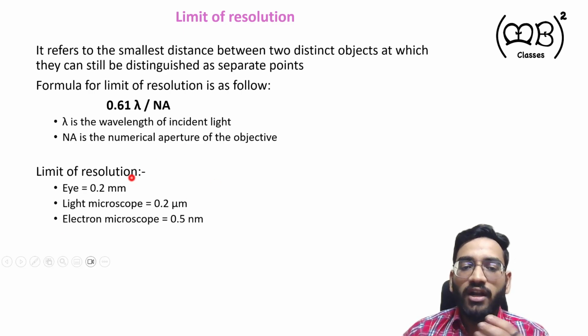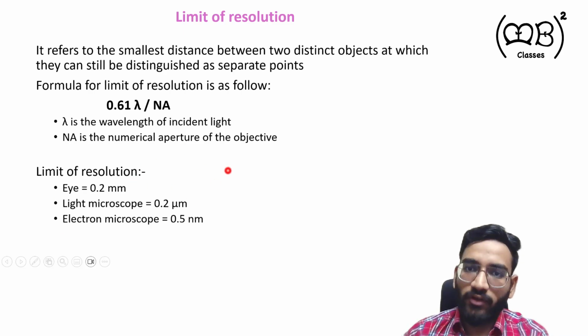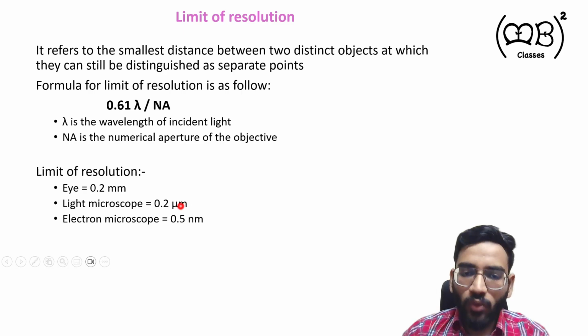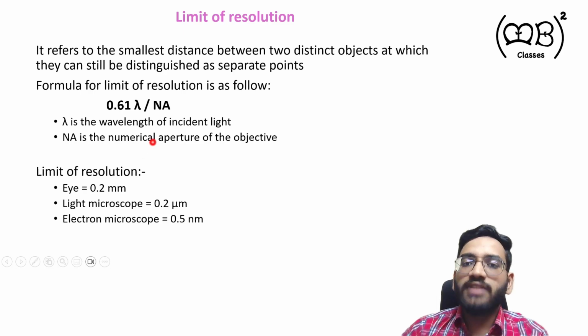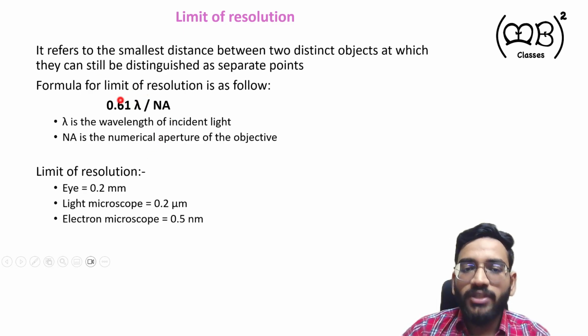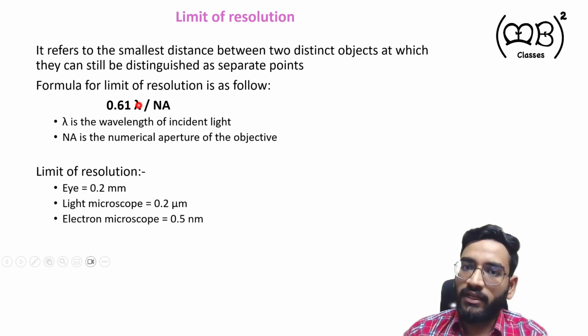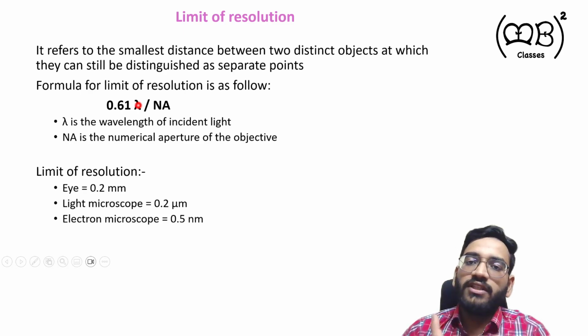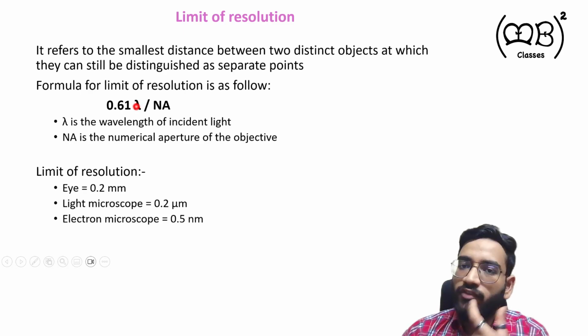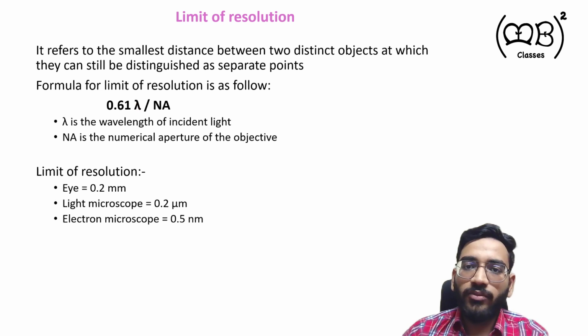But I cannot improve it much more even with higher power magnification. Even if I take 150 or 200 power magnification, 0.2 micrometer would only go down to 0.15 or 0.13, because then the limiting factor is lambda, the wavelength of the incident light, which will always be within the visible range, 400 to 800 nanometers.